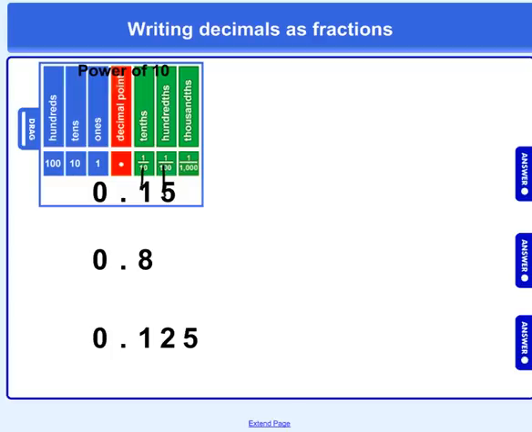If I have 5 in the hundredths part, that means I have 5 hundredths. If I have 1 in the tenths, I have 1/10. This would then be 15 hundredths. Even just saying it aloud, you can think of 15 hundredths as 15 over 100.